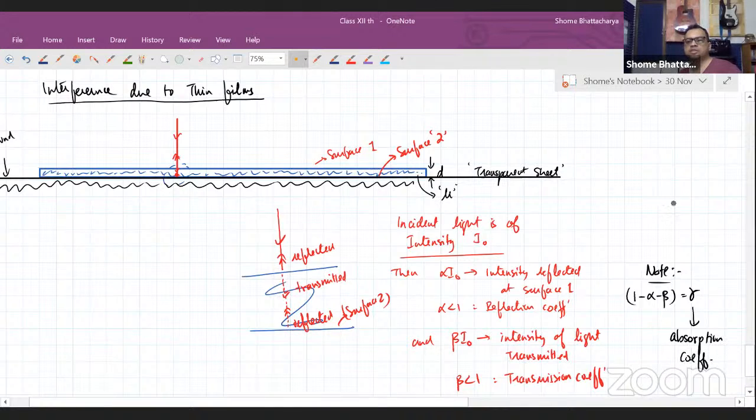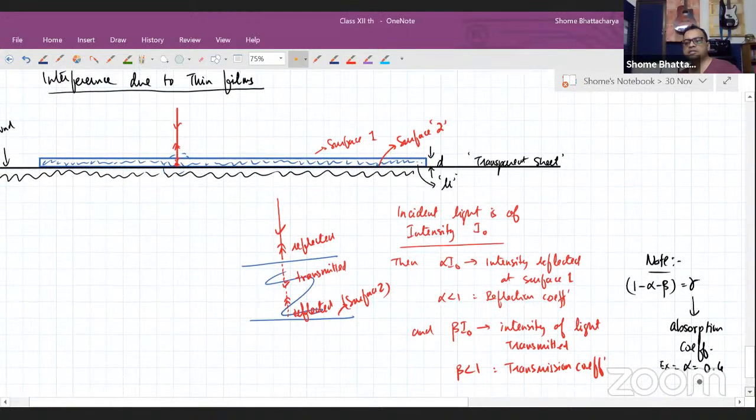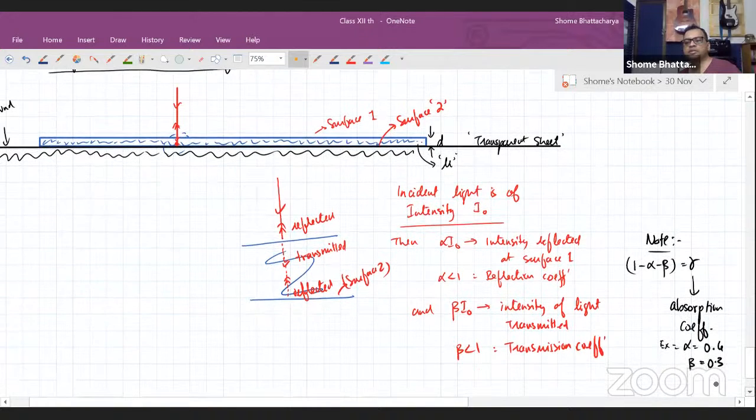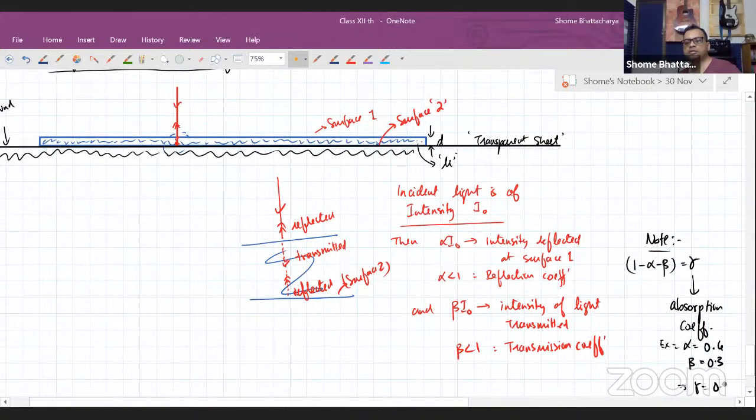Okay. So for example, if alpha is 0.4 and beta is 0.3, that means that gamma will have to be 0.3. Okay, because the remaining percentage of the intensity of light, the remaining energy, is getting absorbed.